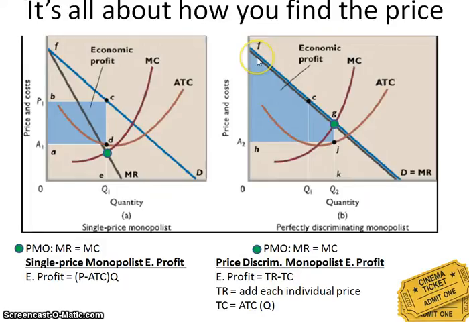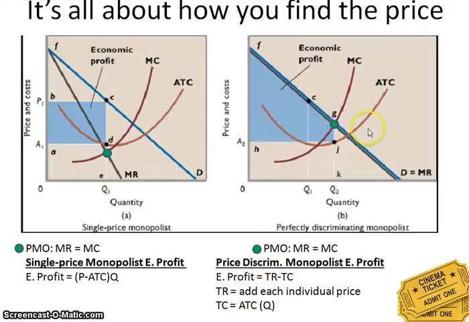In order to figure out the total revenue, you have to add up each price at which the quantities are sold. So if this was $10 plus $9 plus $7 plus $5 plus $4, that would give you your total revenue. Now the cost is not dependent upon output.